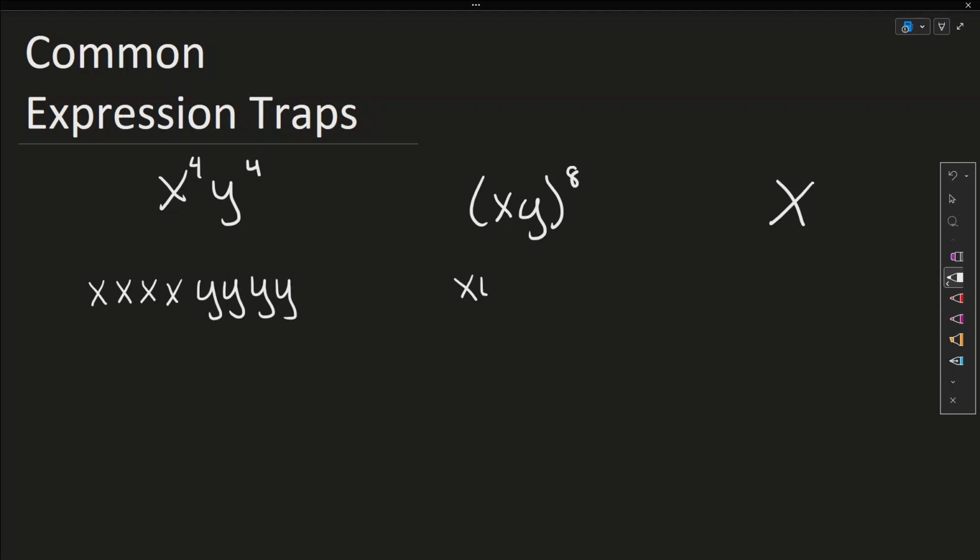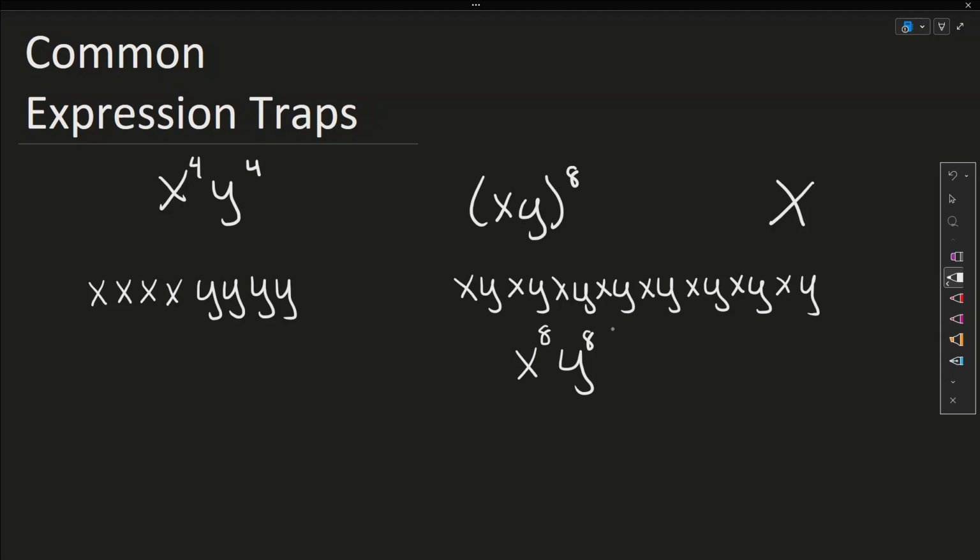But over here, this is xy, a total of 8 times. So there's 5, 6, 7, and 8. That's actually 8 x's and 8 y's, not 4 of each. So these are not equivalent.